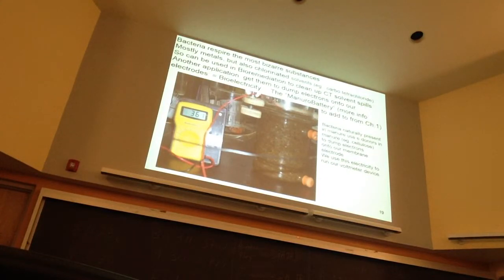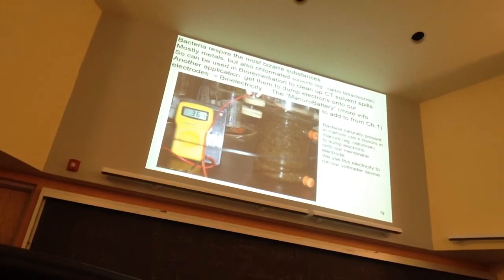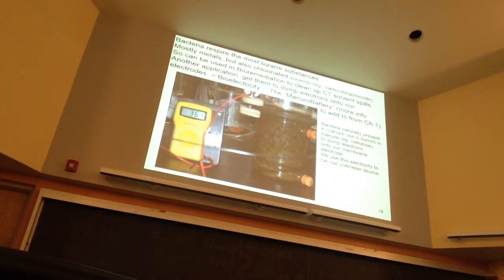They dump electrons onto our membrane electrode, where the wires are hooked. And then we use this electricity to run, in our case, a voltmeter, and you can run any kind of device. Flashlights, small devices, because it doesn't generate a lot of electricity. But you put a lot of these in series and you can really amp it up.